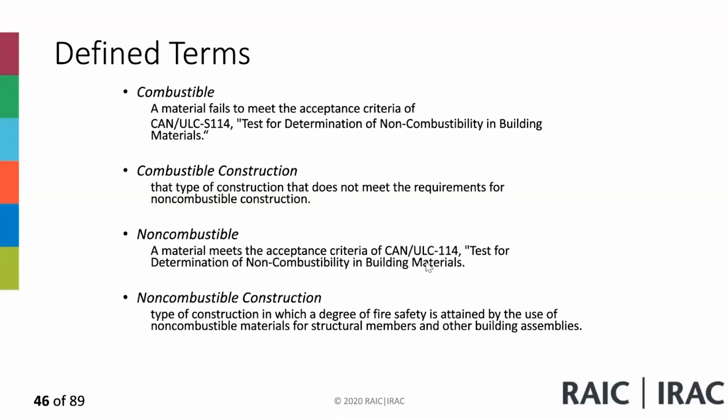Most important, one of the typical ones that you are going to be very familiar with pretty quickly is the minor combustible components. In Article 3.1.5.2, Sentence 1, the following minor combustible components are permitted in a building required to be of non-combustible construction.